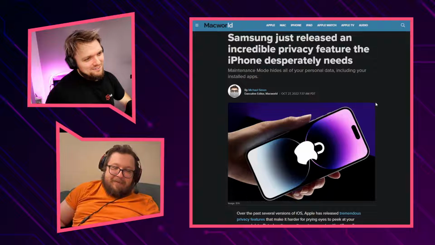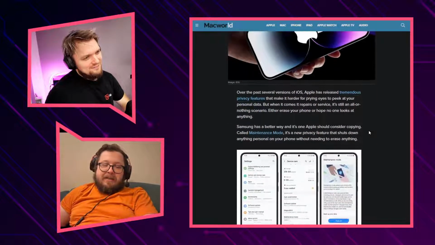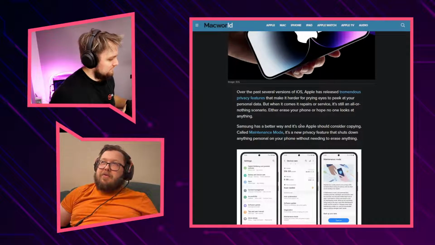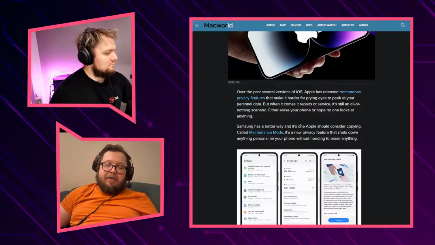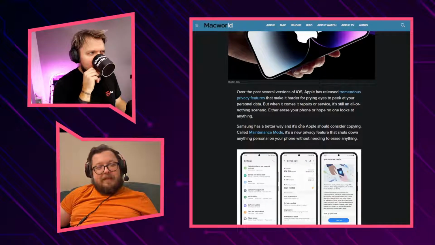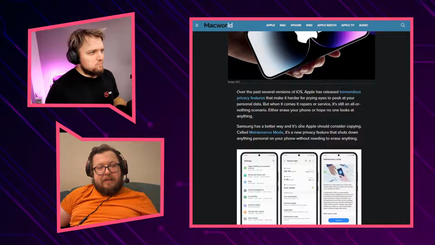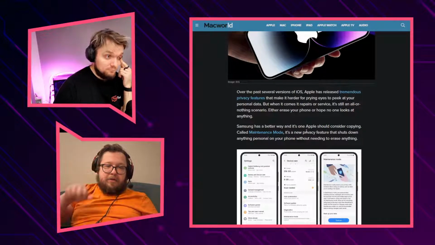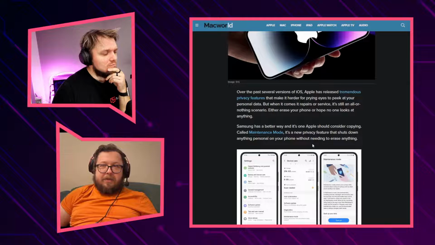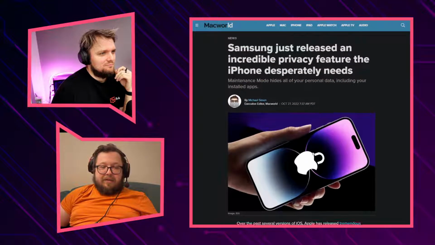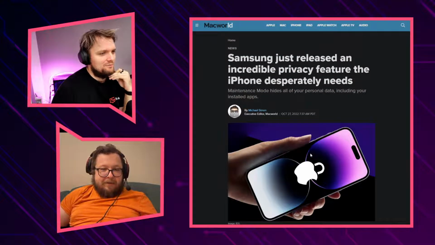I think we're probably going to see something similar. Also, Apple is expanding official repairs to third party shops, where they can't really guarantee what those people will or will not access on the phone.